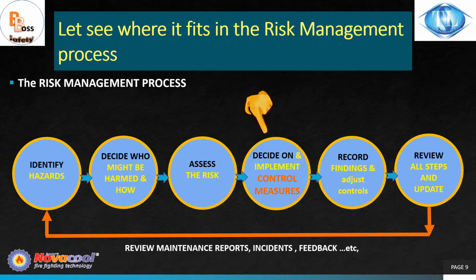And by reviewing these records and the feedback and any incidents that may happen, we will see if we try to identify the hazards again in case new hazards arise, and so on. So this is a cycle, and we are now interested in the one related to implementation of hazard control measures in proper hierarchy.